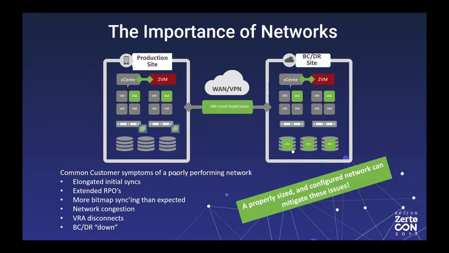We actually have an alert about that, saying network congestion. VRA disconnect, that's never fun. And your DR site is down, so if your DR site is down, you cannot recover. That's why networks are so important to the business. A properly sized, properly maintained network can mitigate all of these issues.